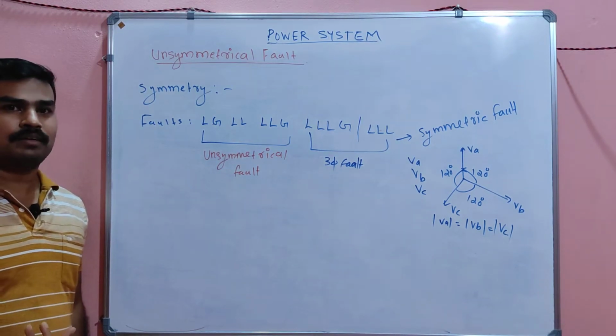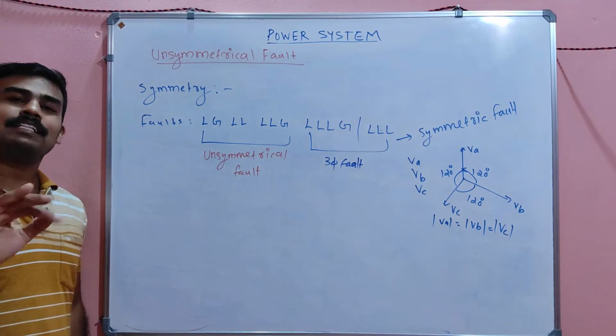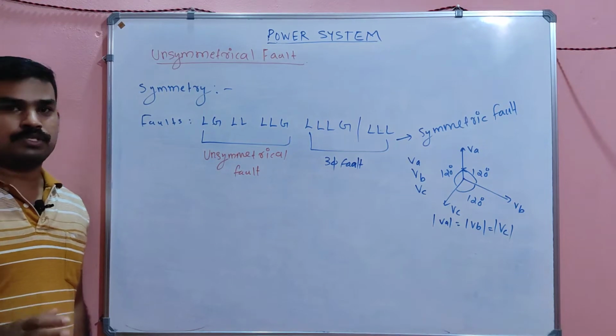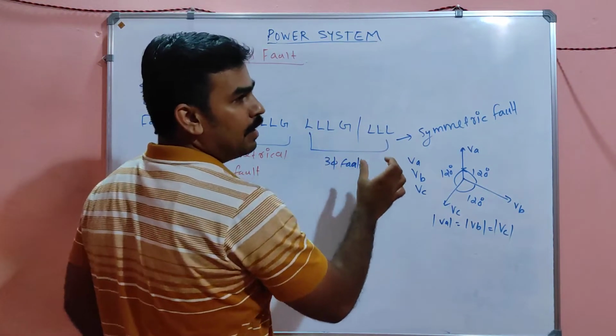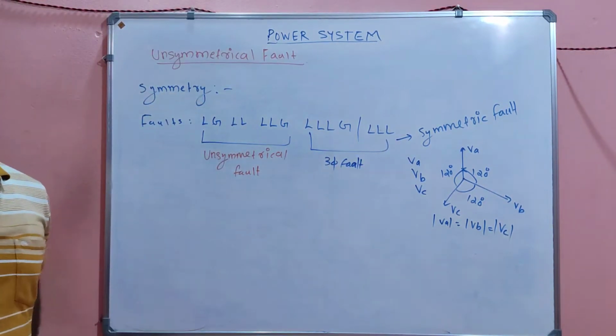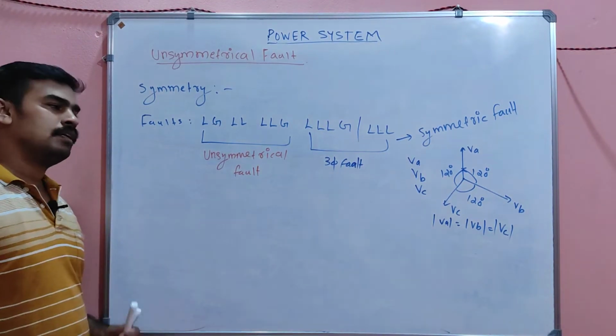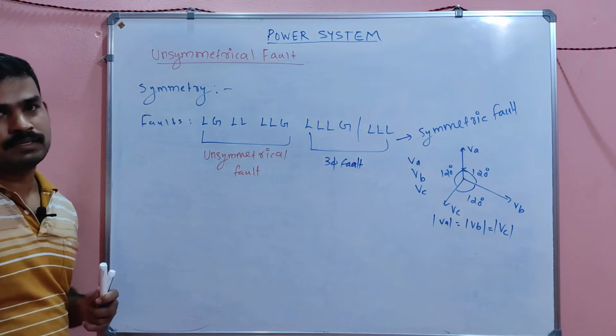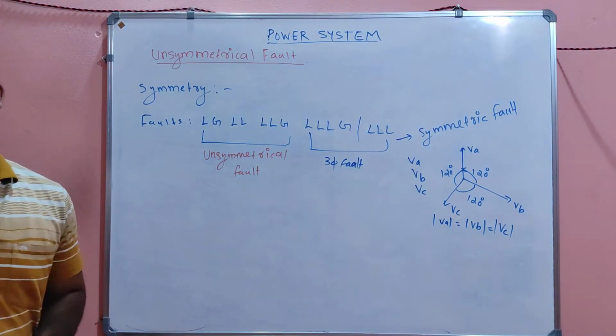Then what is the fault? Only the fault current increases, my dears. So these three-phase faults are called the symmetrical fault, because the voltage phase angle as well as the magnitude of voltages remain the same even after the fault occurs.